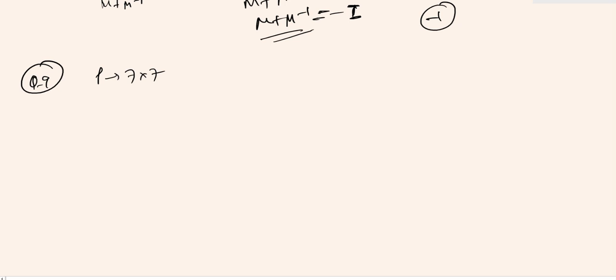In general, linear algebra is easier than scoring once you do it properly, and rank equal to 4. Let A belong to R7, a column vector. Then the rank of P plus A A transpose.